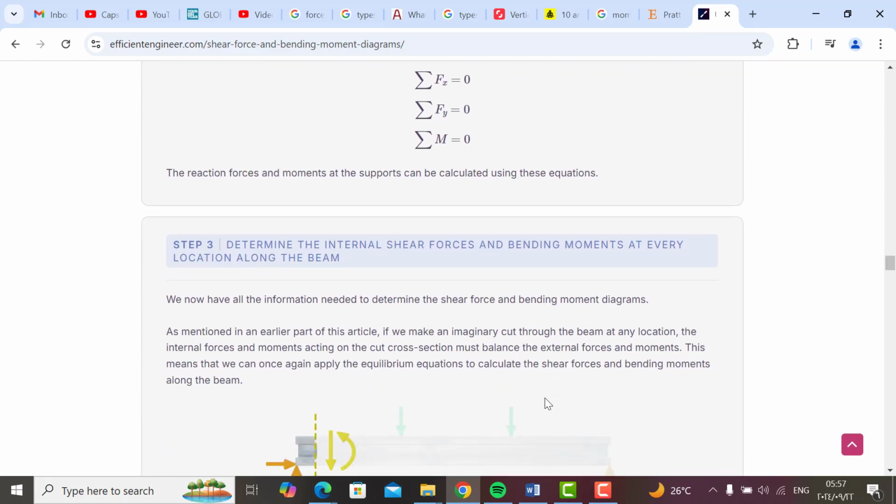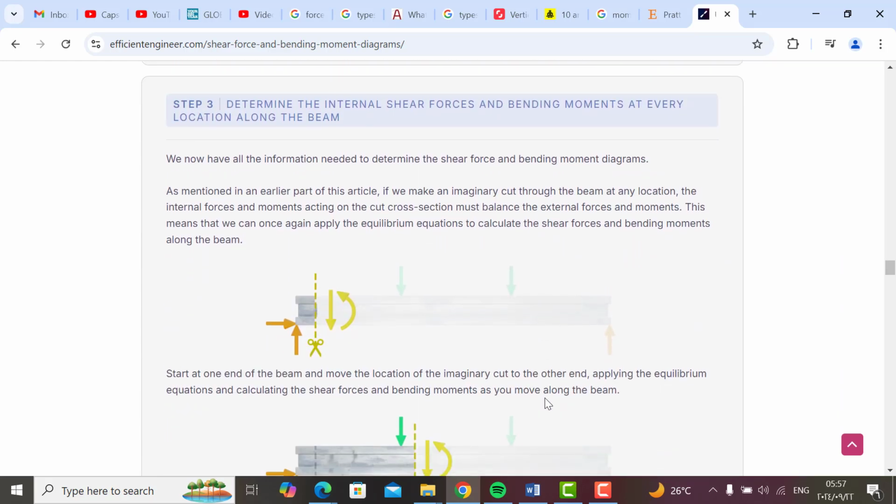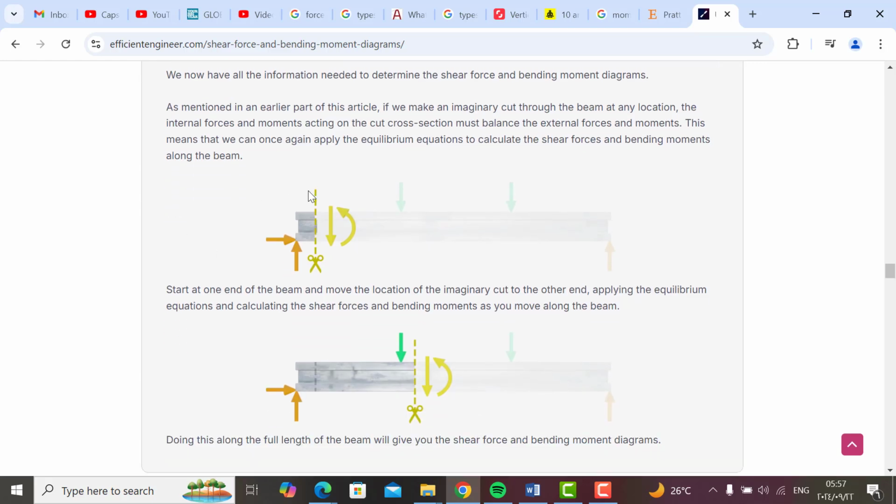So we can take an example and calculate this. We take the rotation or the moment about this point, and the vertical forces and the horizontal forces, all equal 0, and find the missing values, or calculate what is needed, and then move to the right to the next point, and after the point we also calculate the three things, the vertical and the moment.